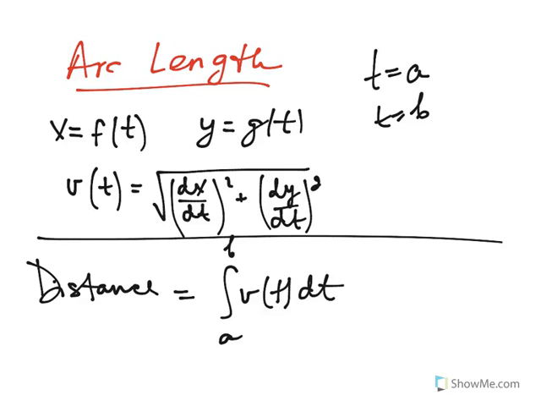Now, if the particle or object never stops or reverses its direction as it moves along the curve, the distance it travels is the same as the length of the curve. So this suggests the following formula.